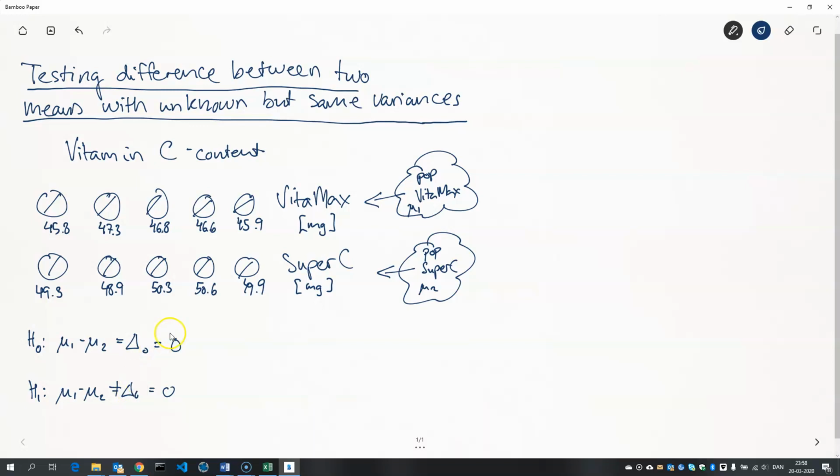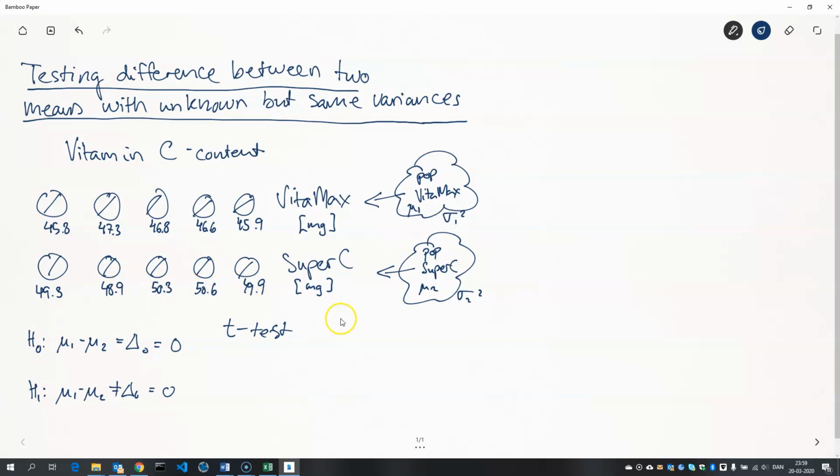So how can we decide which hypothesis to accept? We have to do a test, of course, and it turns out that the t-test for 2 samples is the one we want. But before we do the test, we have to know whether these two populations have the same variances. Now, we don't know the variances of the populations, but we do have these samples, so we can estimate the variances and test if they're the same.